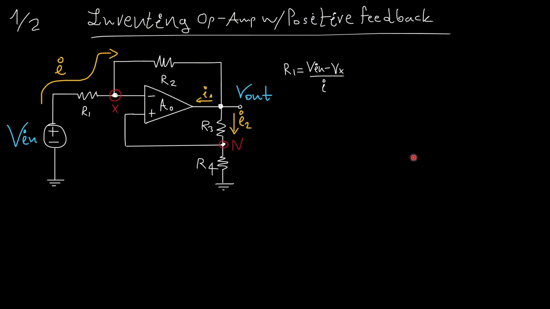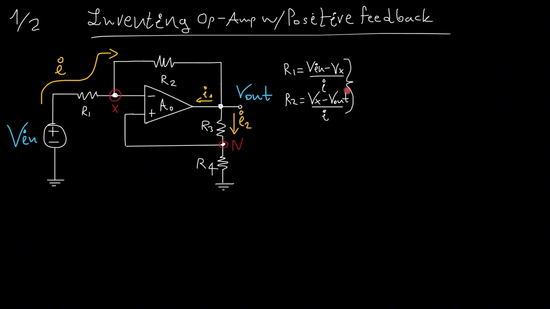Well, if I perform Ohm's law on the resistance R1, I'll get that R1 is Vin minus Vx over the common current I. Again, for the resistor R2, I'll do the same, Vx minus, how much here? Vout over I, the common current.